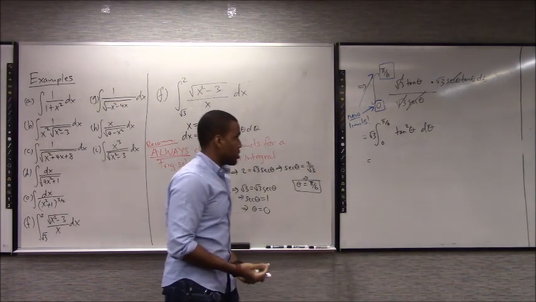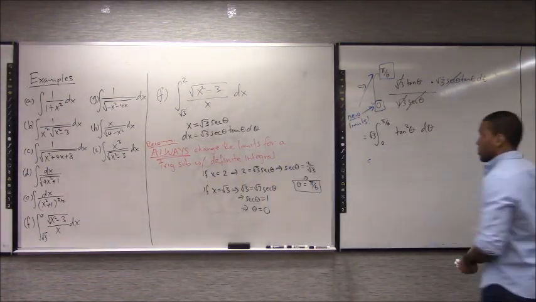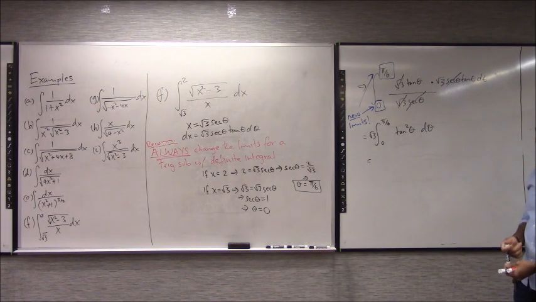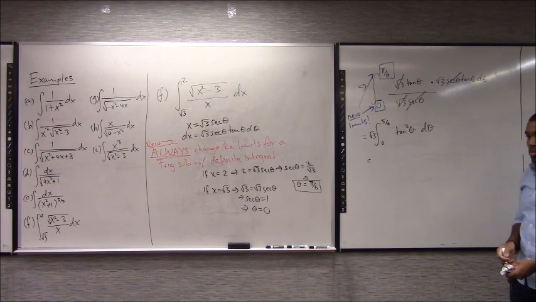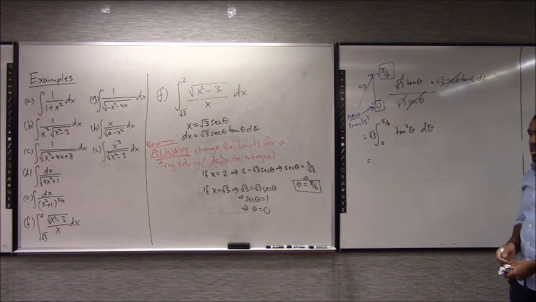How do we integrate tangent squared? Use an identity or no? Are you asking me? What do you think?